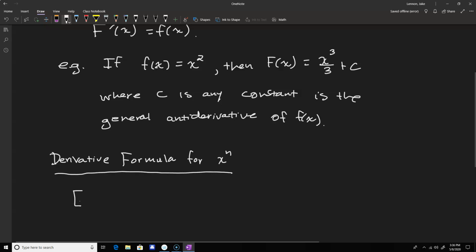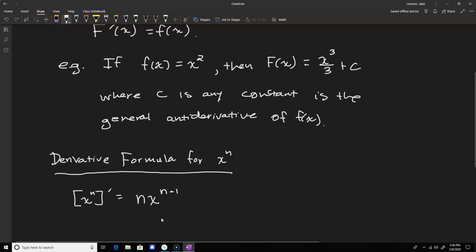If you take the derivative of x to the n, we bring the exponent n down, multiply it by the same variable x, now raised to the n minus 1. We lower the exponent by 1. So first we brought down the exponent in front, and then we subtracted 1 from it when we had a monomial like that.